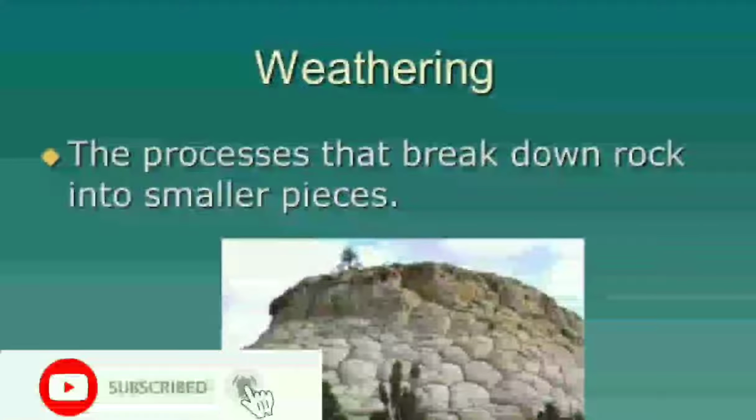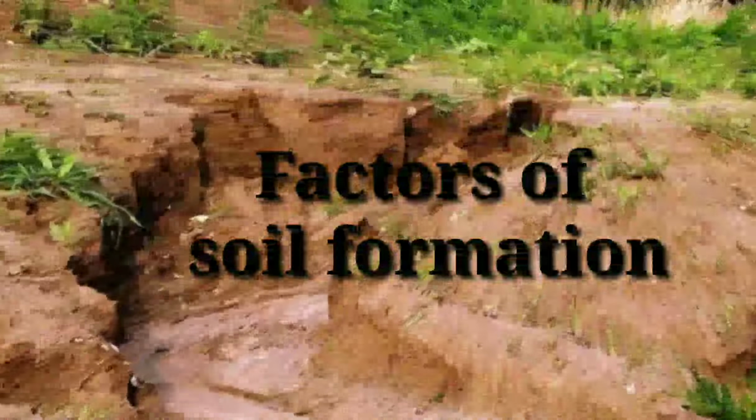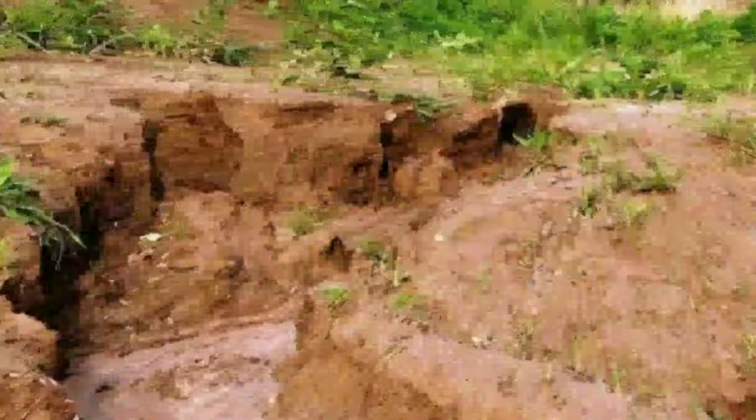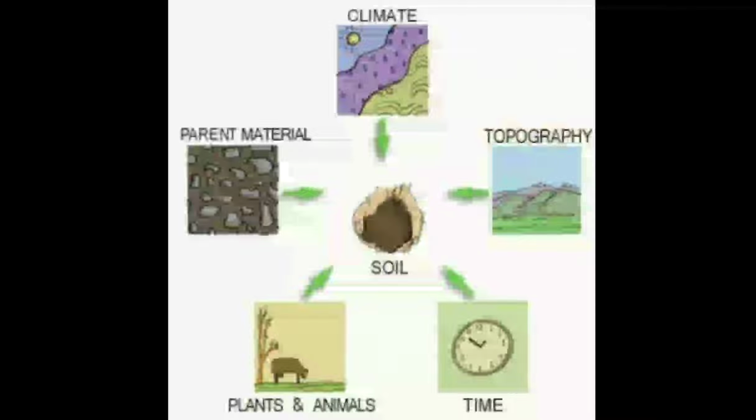It is time to come to the topic of factors of soil formation. Two major factors are there for the formation of soil. They are nature of parent rock and climatic factors.